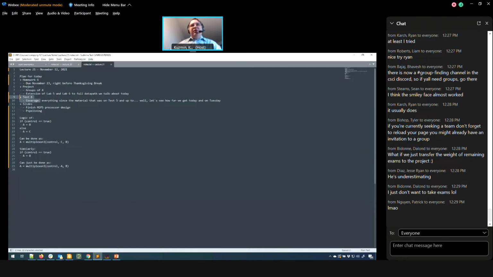So roughly that's from carry look ahead and the carry look ahead unit, the carry look ahead method of battling the ripple carry, and then memory, so all sequential circuits, and then let's see how far we get today and on Tuesday. So hopefully we cover enough of pipelining so that we can also add it to test 6, but we shall see.